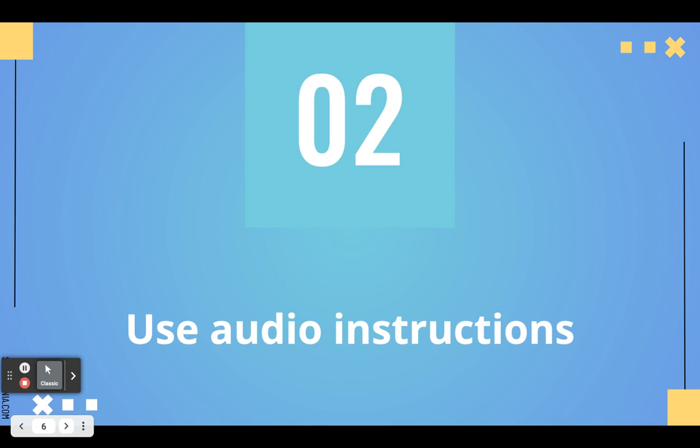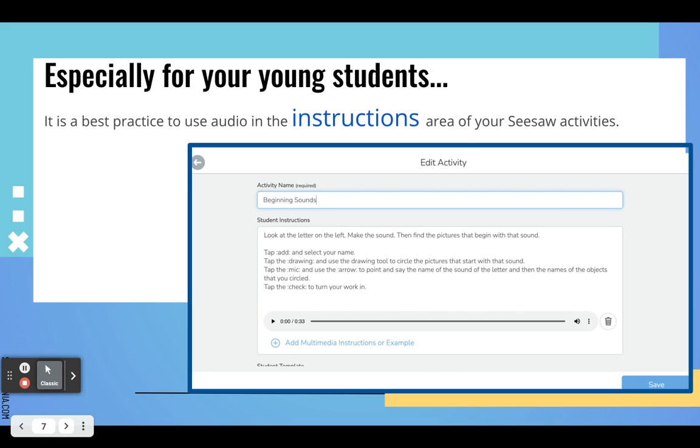Best practice tip number 2, use audio instructions. Especially for your young students, it is best practice to use audio in the instruction area of your Seesaw activities. These right here are the instructions. Do you see the audio that was inserted there?